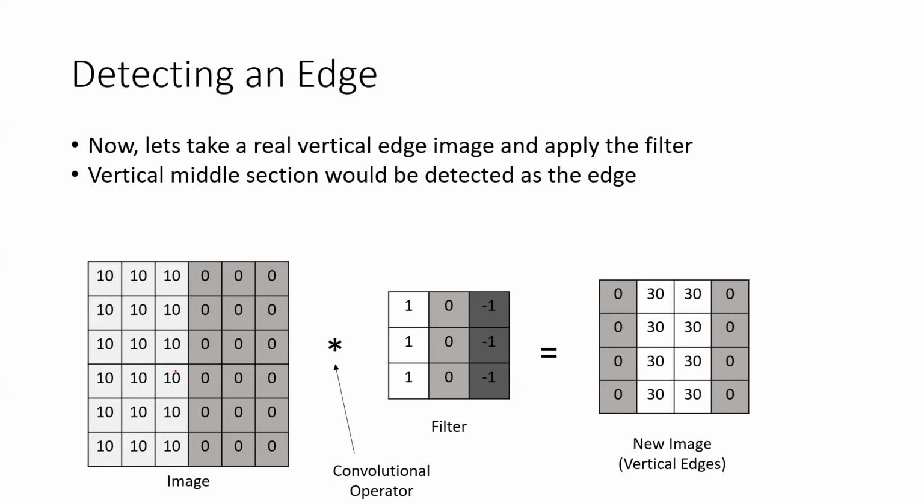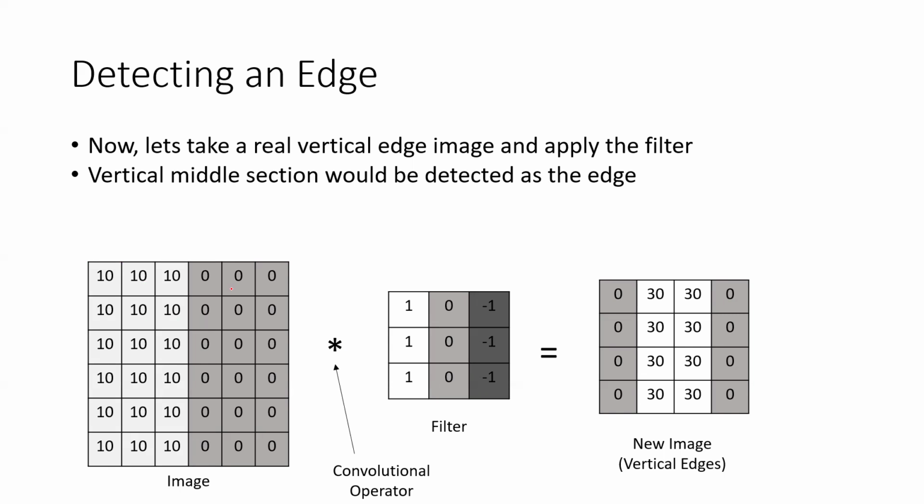Plus 10 means a much lighter color, 0 is much darker, and -1 is a much darker image, and so on. Actually these colors are not drawn according to the scale of the values. I have just given some grayscale values so that you can get some meaning, right?